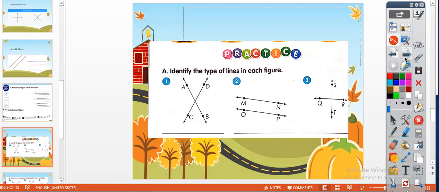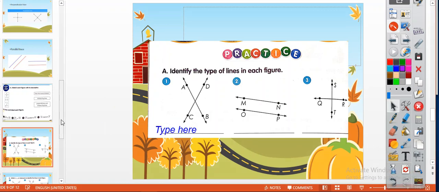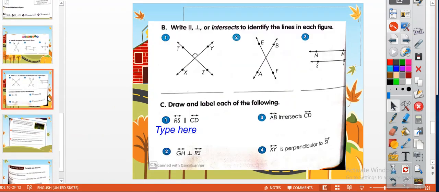Now go to the next question. Describe each line as you can see here. But now he wants us to write parallel, perpendicular, or intersect to identify the lines in each figure.